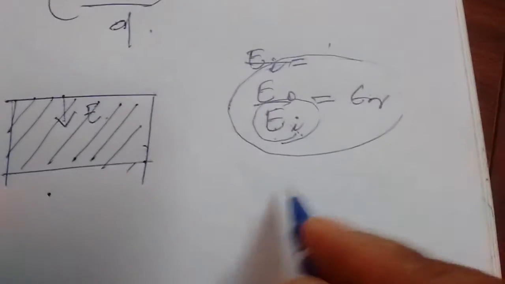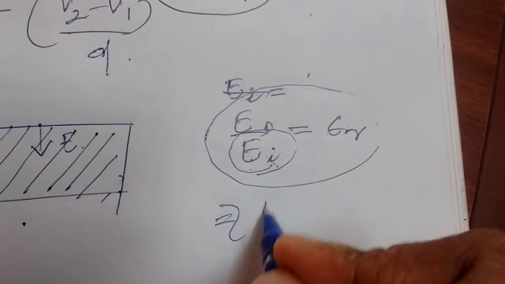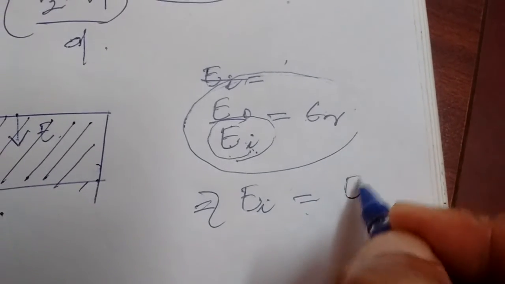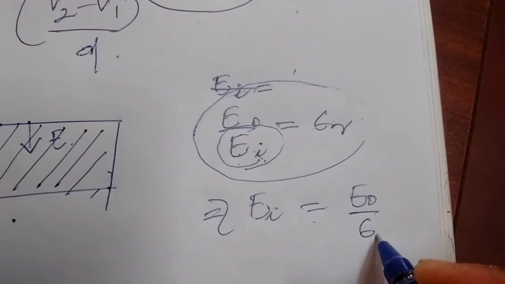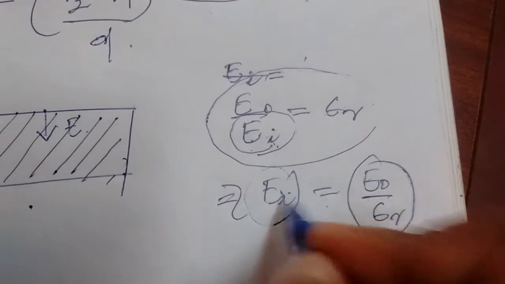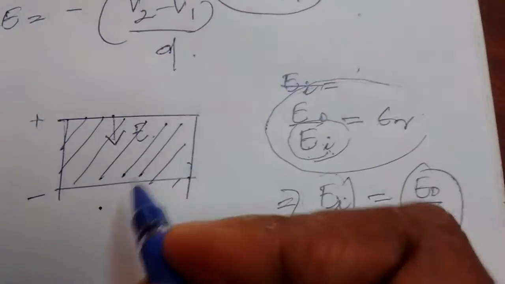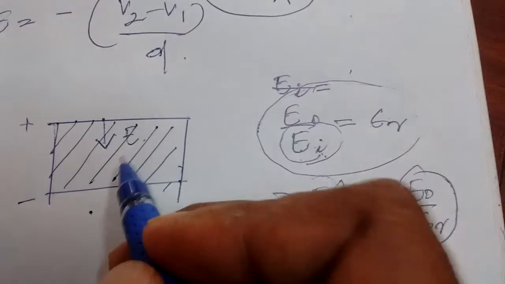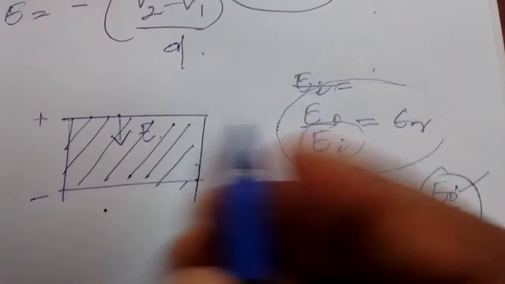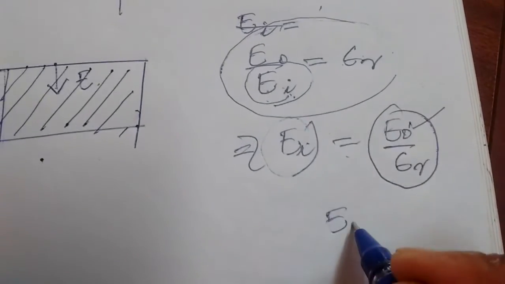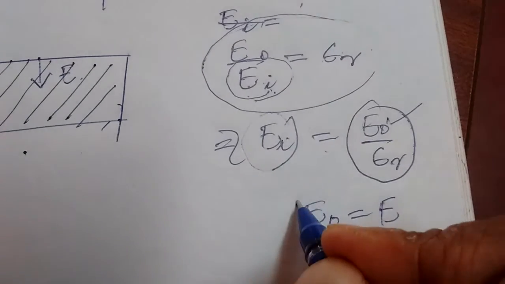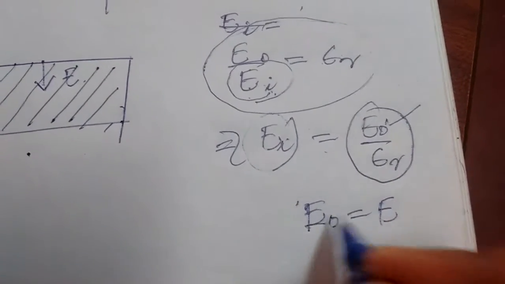So this implies EI is equal to E naught by epsilon r. This is the electric field inside the dielectric. Previously it was free space and the electric field was E naught, that is simply E we have assumed here. Okay, here E naught is equal to E.